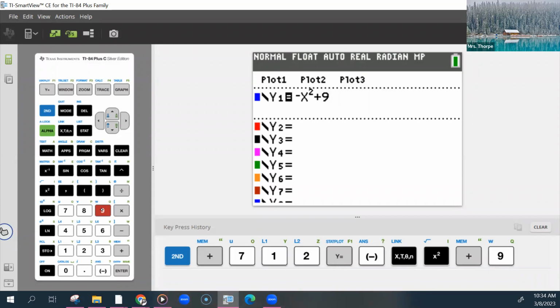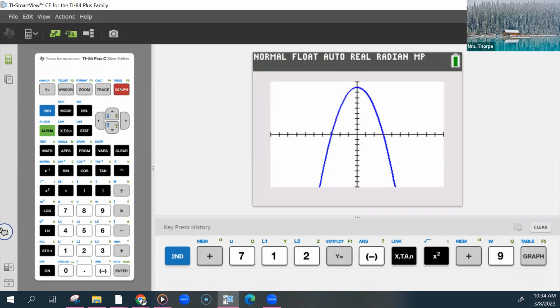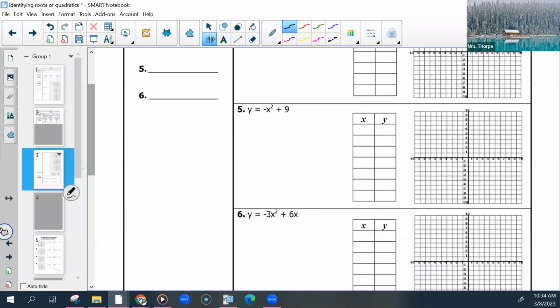Once you have number 5 in your Y equals, go ahead and hit graph. If we're looking for the point in the middle, it looks like this point would be our point in the middle on our y-axis. So we would put that point in the middle.